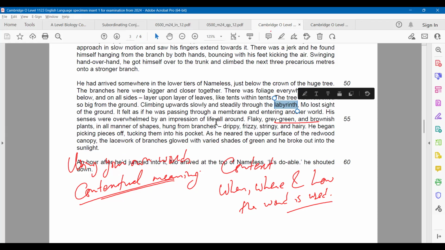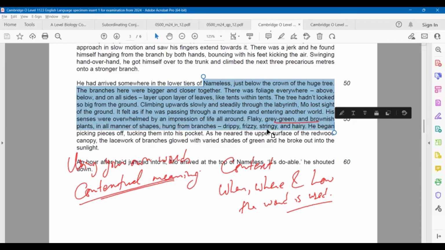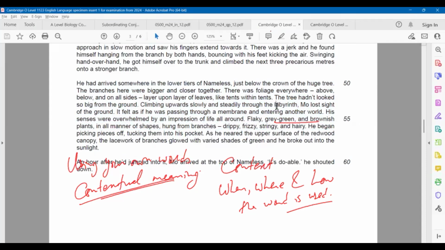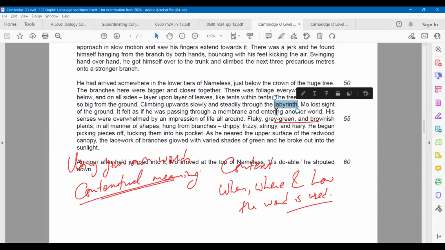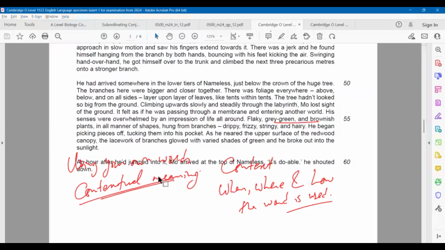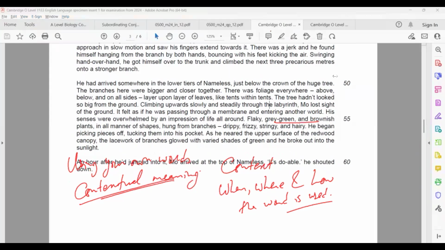The way I'm going to figure it out is I'm going to read this part of the text, a few lines before, a few lines after, and then try to understand where it's used and how it's used. Try and figure out what they're hinting towards, what possible meaning this word is giving. That's what contextual meaning is, and that's what you're calling the figurative meaning in the text.